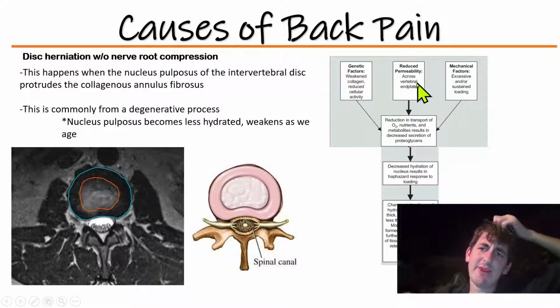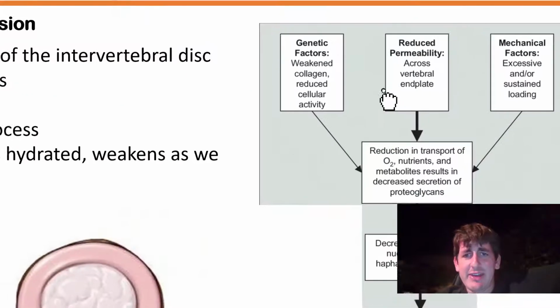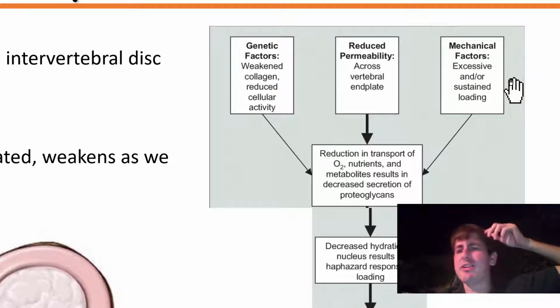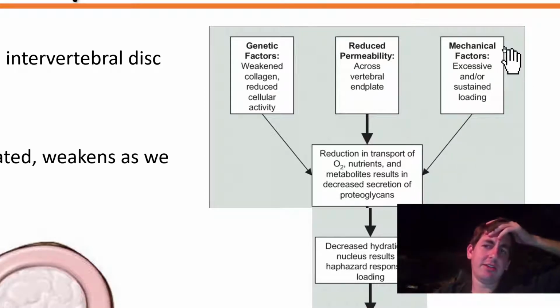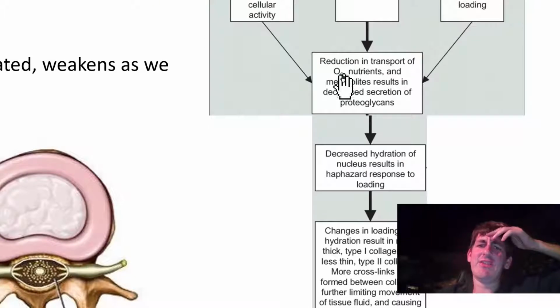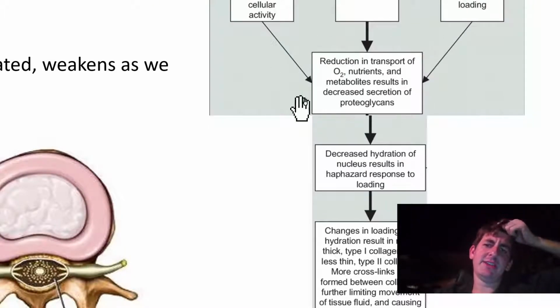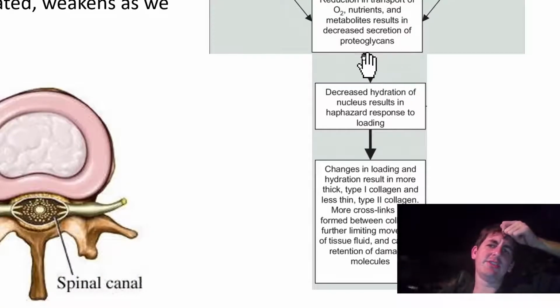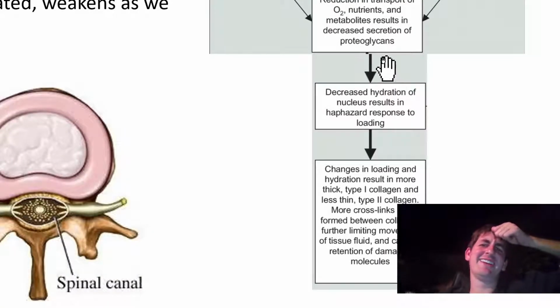So here's an MRI. This is what happens, y'all. You have weakened collagen as we age, genetic factors, reduced permeability, and mechanical factors, excessive or sustained loading, right? And then reduction of transport of nutrients, oxygen, metabolites, and then decreased secretion of proteoglycans.